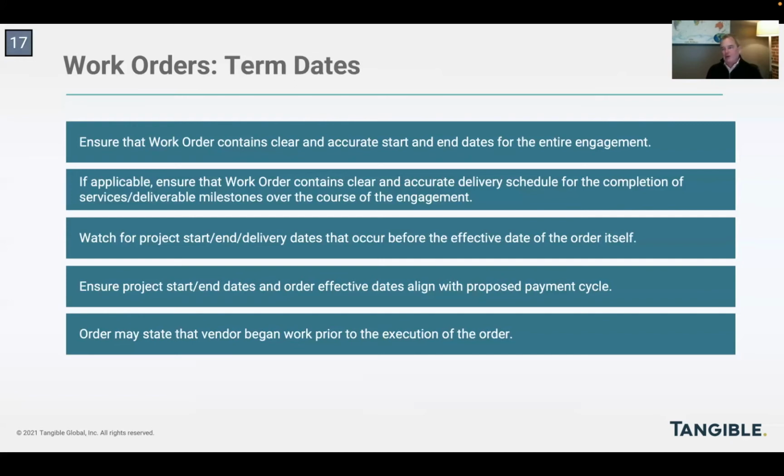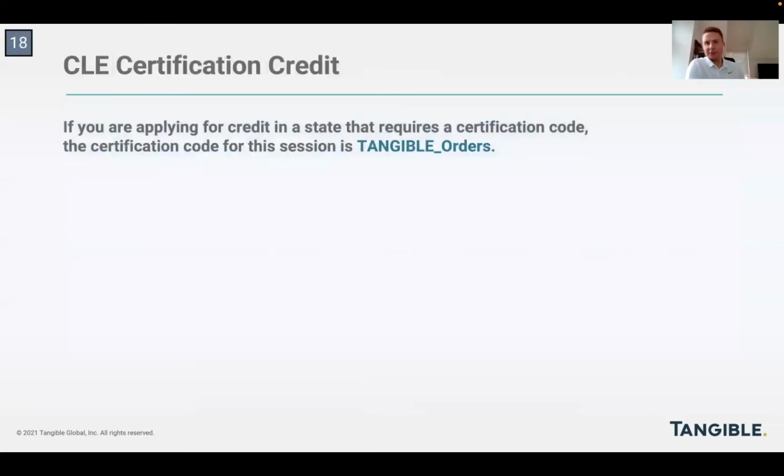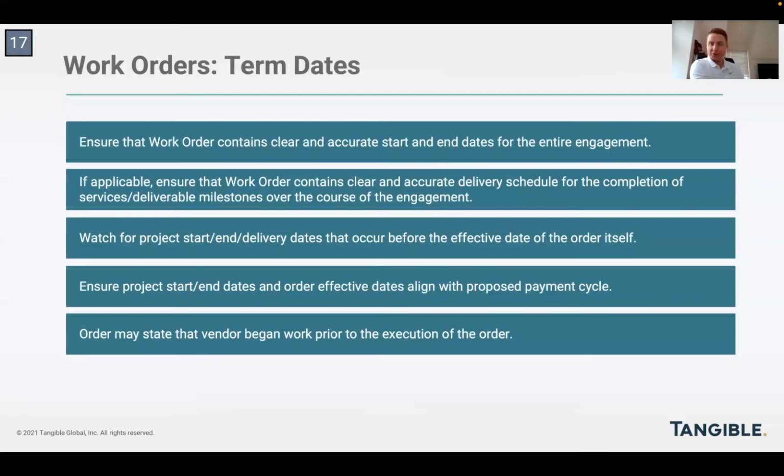We think it's far better practice to establish the effective date of the order as the date it's signed, and then do the proper drafting within the order to indicate that the vendor started earlier and has either already been paid for the services delivered before the order date, or is going to be paid under the terms of the order for those services. That we think is cleaner contracting, but companies do it both ways. But in either case, the work the vendor performed prior to executing the order would be covered by the terms of that order and any control.